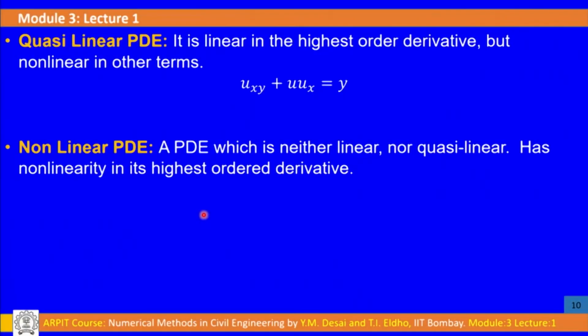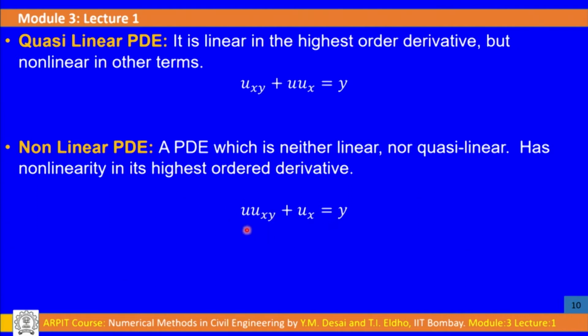Okay. Non-linear PDE: a partial differential equation which is neither linear nor quasi-linear is called a non-linear PDE. So, it contains non-linearity in its highest order derivative. For example, if I take the earlier equation with a small change, this multiplier u is now shifted to the first term: u times ∂²u/∂x∂y plus ∂u/∂x equal to y.